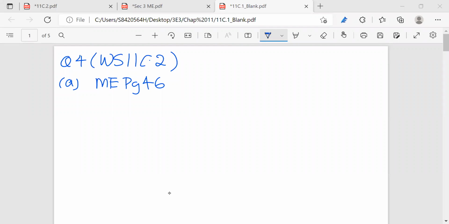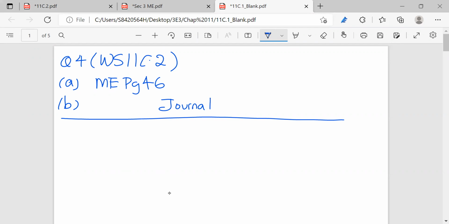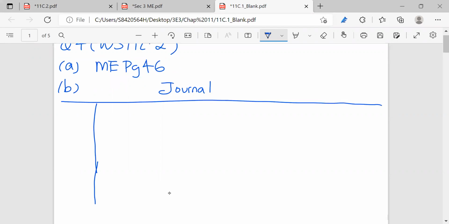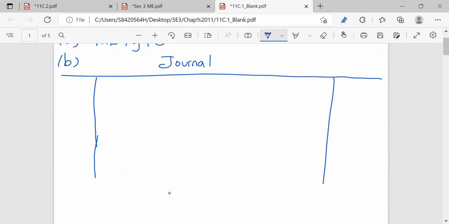Part B is whereby you need to record your depreciation for 2 years. So your journal. You only do depreciation on the last day of each year. So 2014, December 31st.